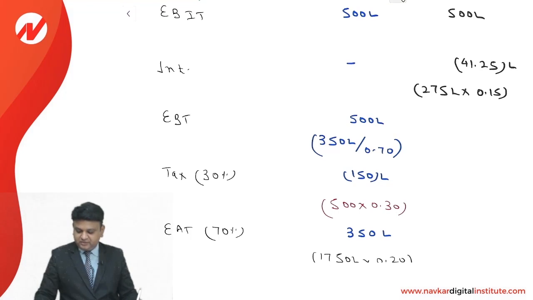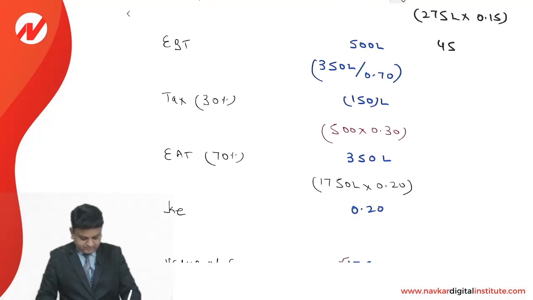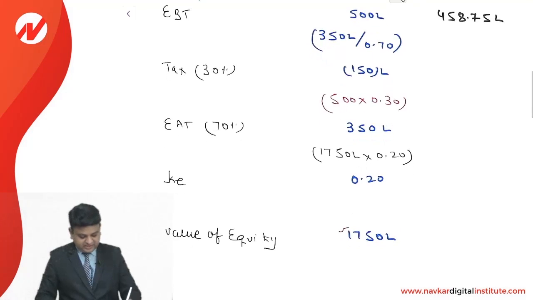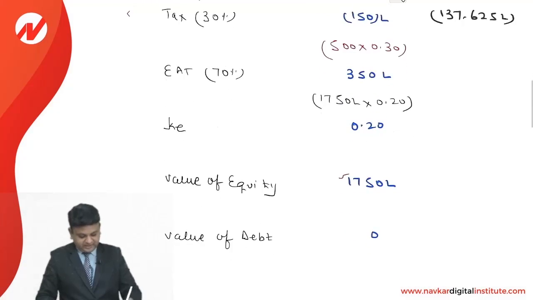That is deducted from 500, 458.75 lakhs. Into 0.30, so 137.625 lakhs. So the remaining amount is 458.75 minus 30%. That comes to 321.125 lakhs.